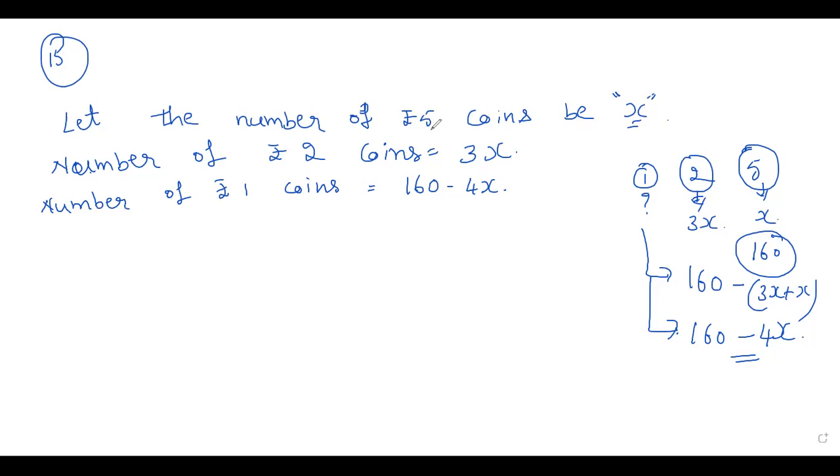Okay, children. So 5 rupee coins be x, 2 rupee coins is 3x, and the total is 160. If we subtract the number of 2 rupee coins and 5 rupee coins, the remaining will be the number of 1 rupee coins. So I have written 160 minus 4x.